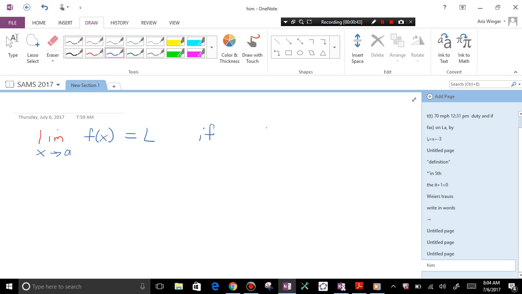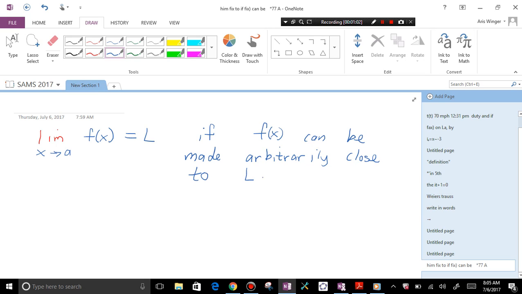If f of x can be made, and I may have used a different word yesterday, I prefer this word, arbitrarily close to L by making x sufficiently close to a.